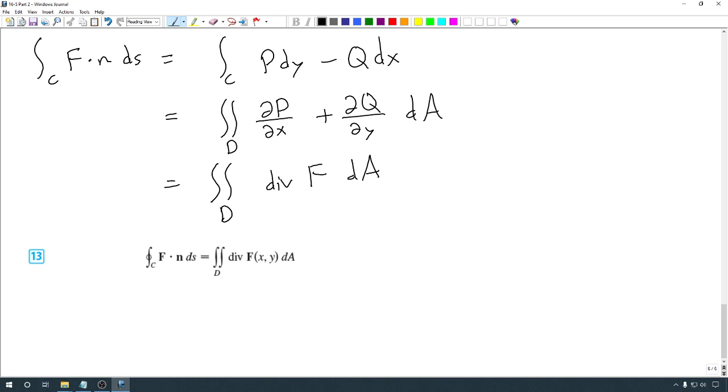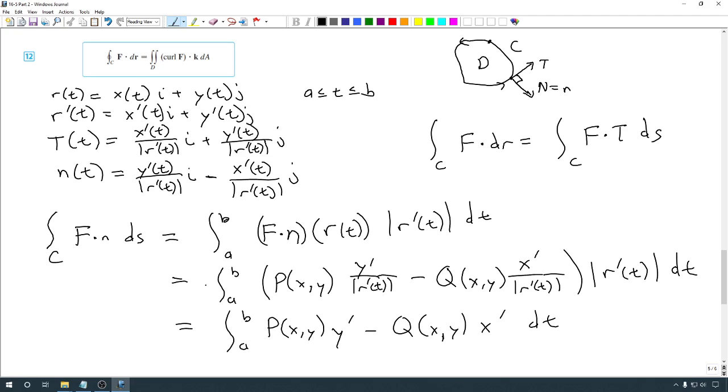But it is kind of interesting that if we think about the dot product of a vector field with the unit tangents, when we form this line integral, we end up getting something involving the curl. When we instead look at the normal vector fields, the things that are perpendicular to it, we end up getting something involving the divergence.